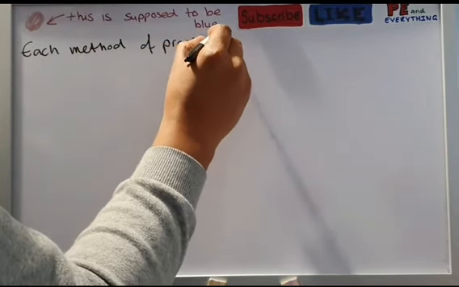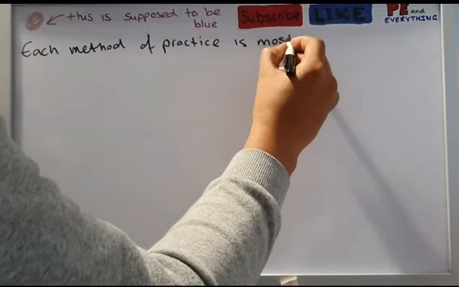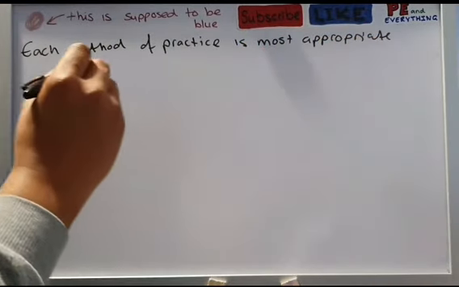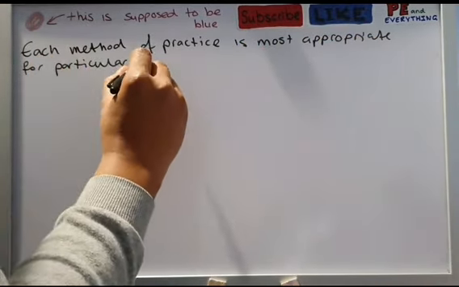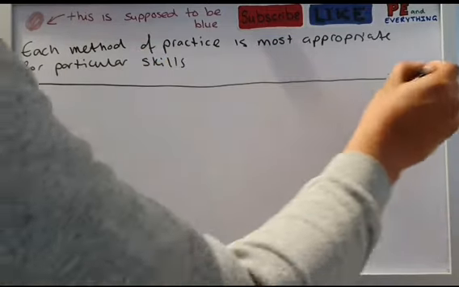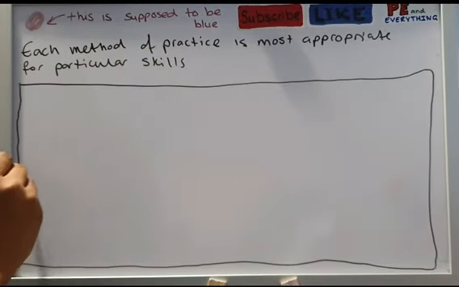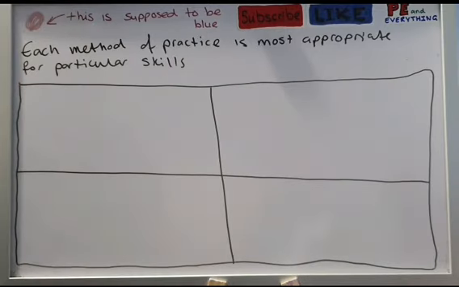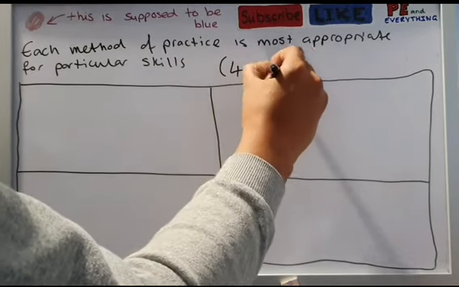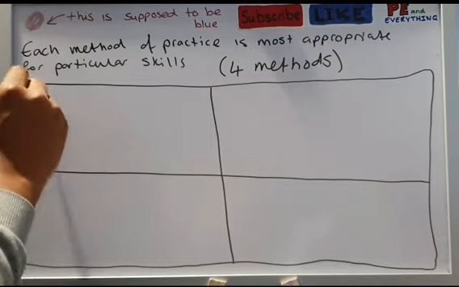Each method of practice is most appropriate for particular skills. If we draw ourselves a box, half, quarter, and we have 4 methods.